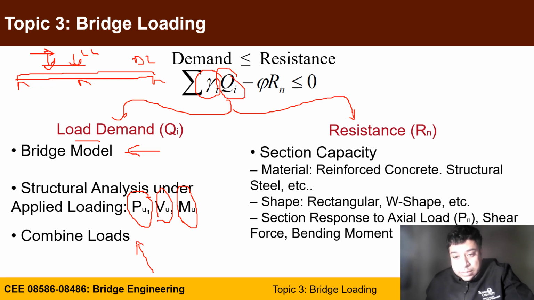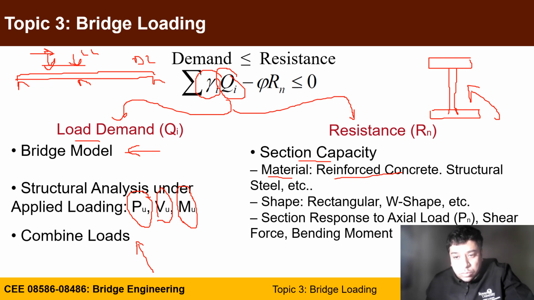On the resistance side, you may have a steel girder or concrete girder, correct? And you have to define the cross section. In this case, maybe this is a steel girder. You need to define the materials, so that includes reinforced concrete, structural steel, etc. Your shape, in this case, I shape or W shape or rectangular.